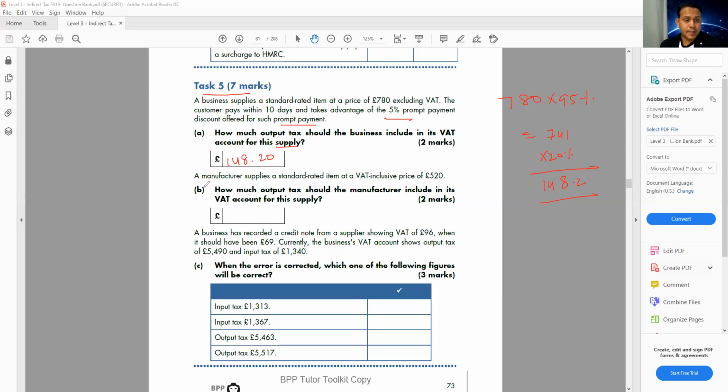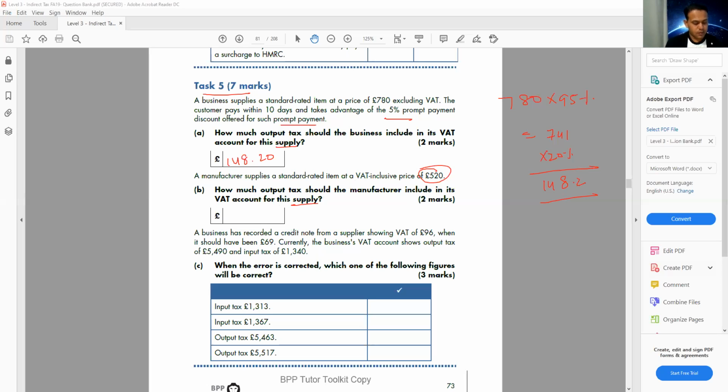The next one: a manufacturer supplies a standard rated item at a VAT inclusive amount of 520. VAT inclusive means VAT is inside. How much output tax should the manufacturer include in the VAT account for this supply? They said the VAT is inside, isn't it?